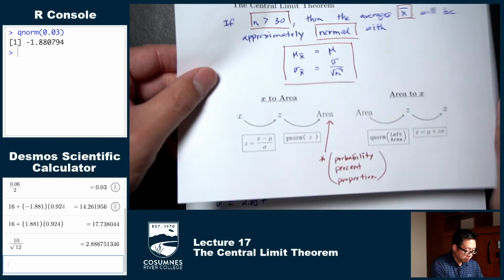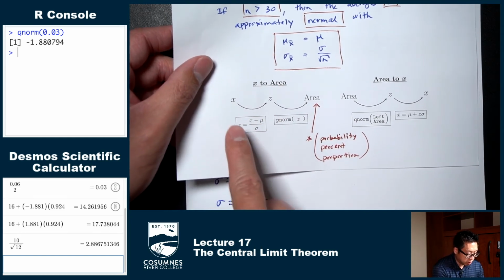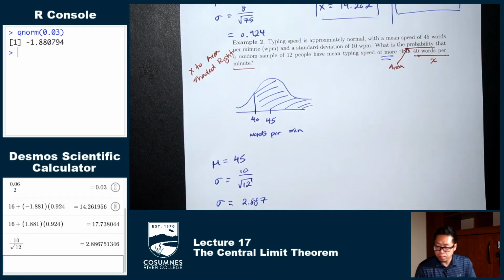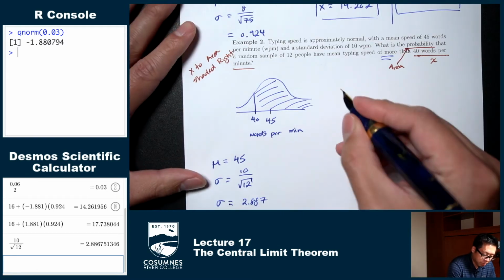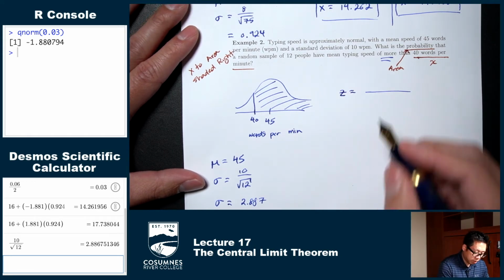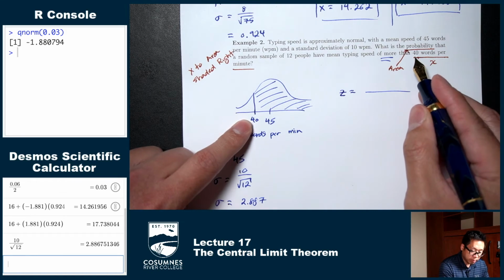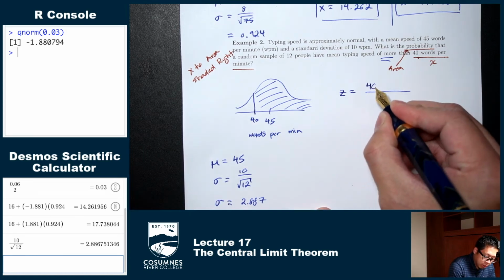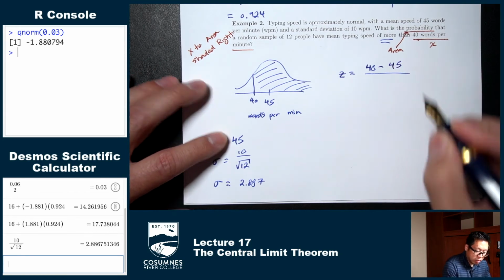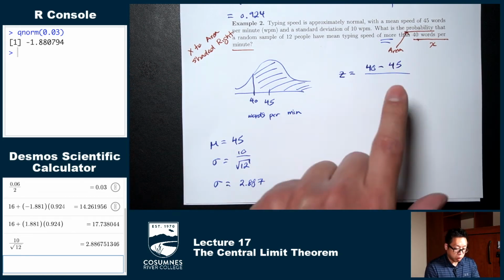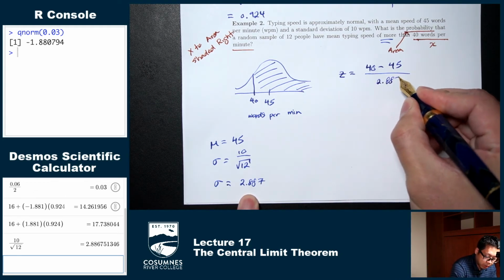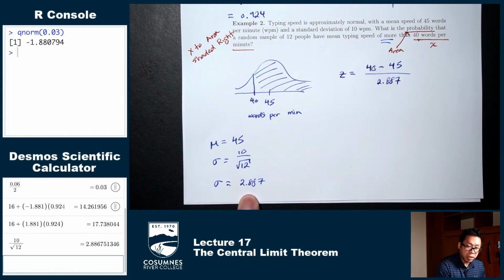Okay, this is x to area. First thing I need to do is x to z using the z-score formula. So z equals, formula says x, our x was this 40, minus mu, so minus the mean is 45, over the standard deviation, okay, make sure we are using the adjusted one, 2.887, and not the original 10.